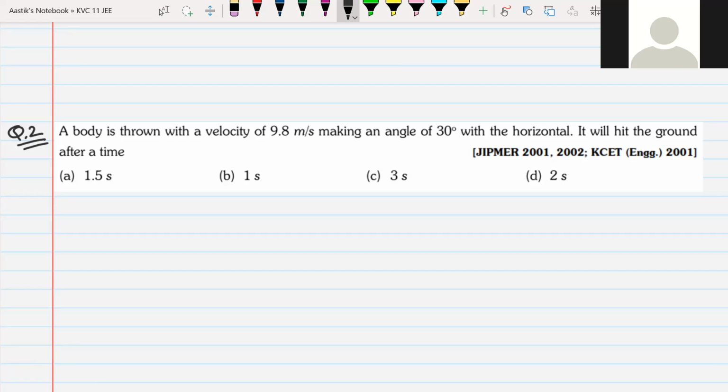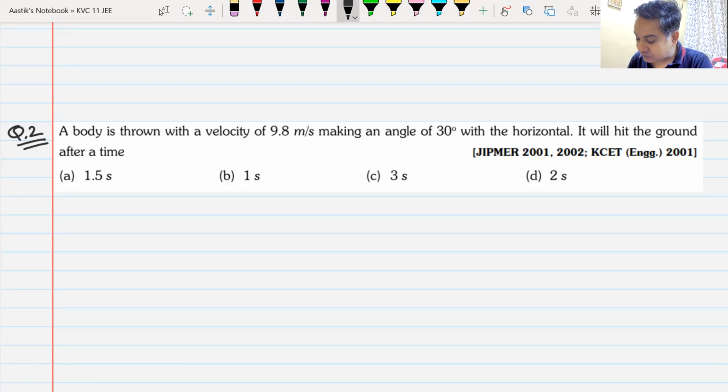I'll give you 1 minute. If it is taking so long, I think we are on the wrong track, so I should intervene here.